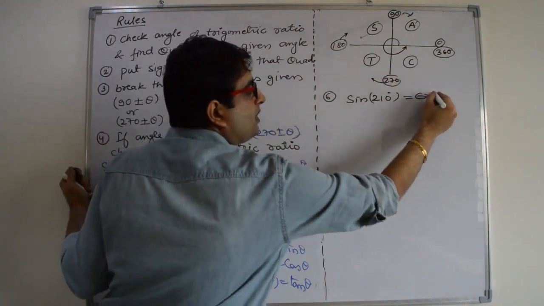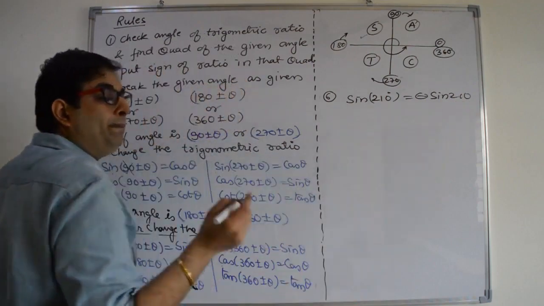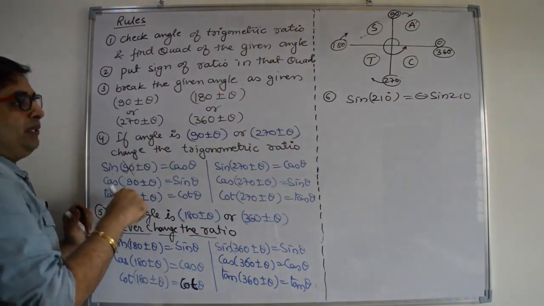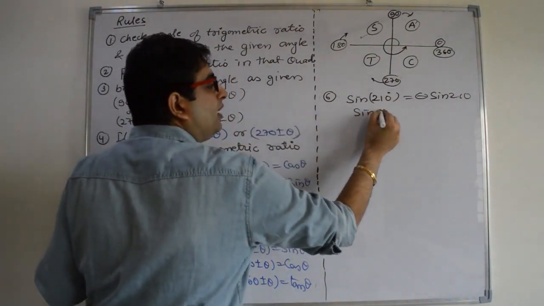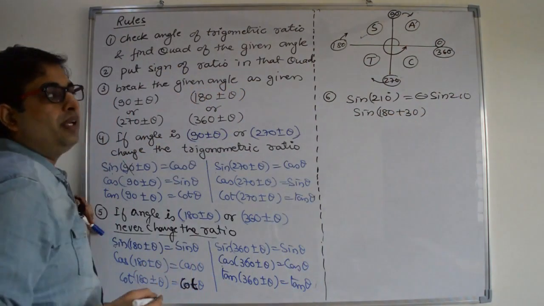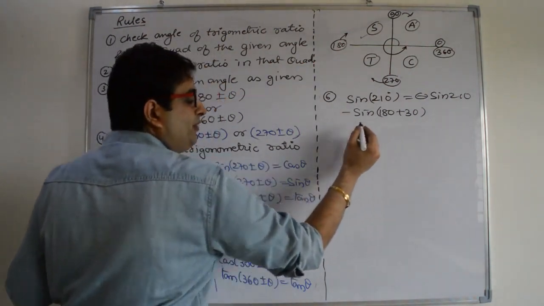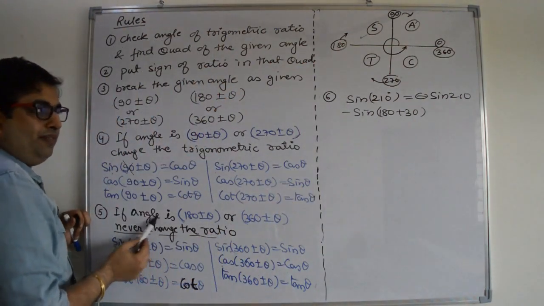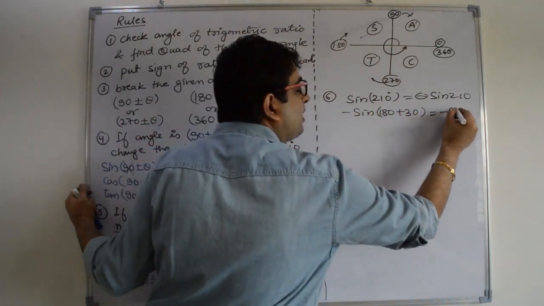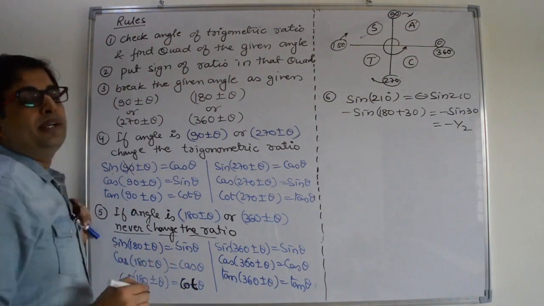So negative sine 210. Break the angle. We can break it sine 180 plus 30, negative. Right? Whenever we have 180, quantity will remain same. Minus sine 30, which is minus half.